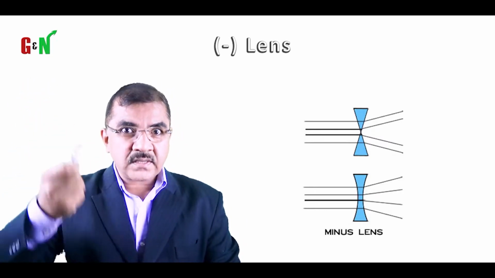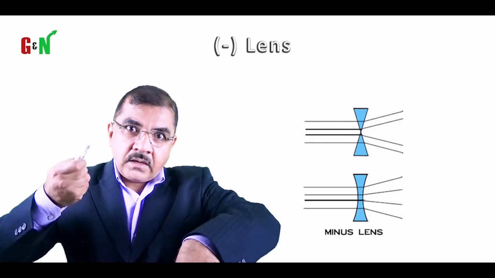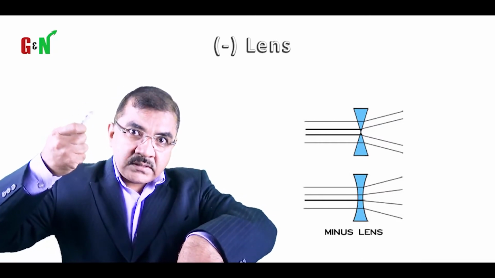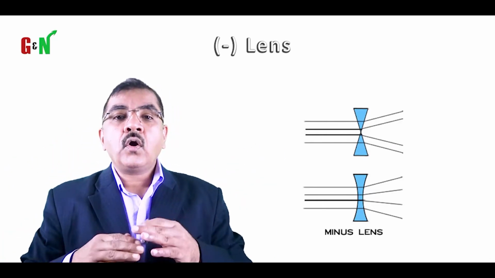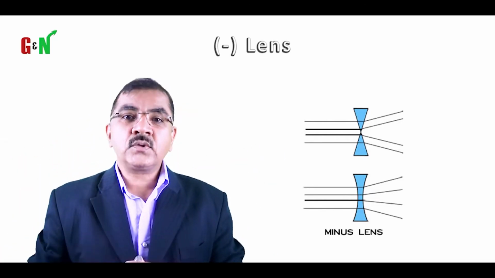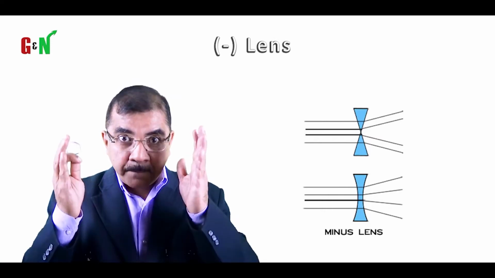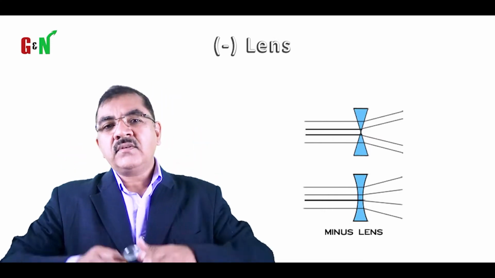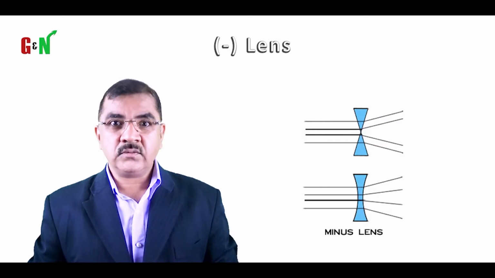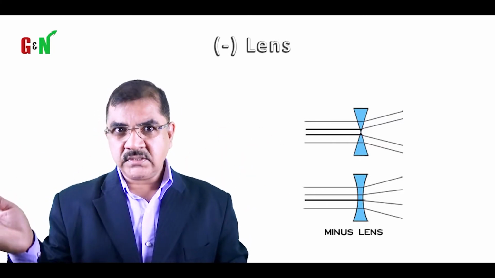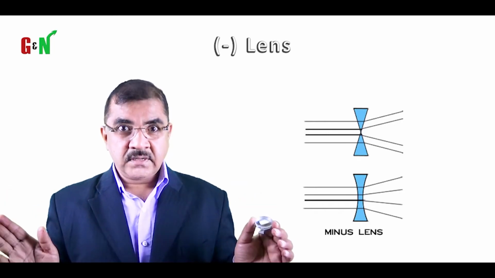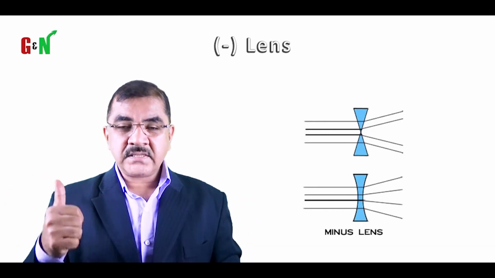And if you are going under the sun and focus the light rays, nothing will happen, because when the light rays pass through a minus lens, they will diverge, they will not converge. Opposite of convergence is divergence. Clear? Plus lens and a minus lens.